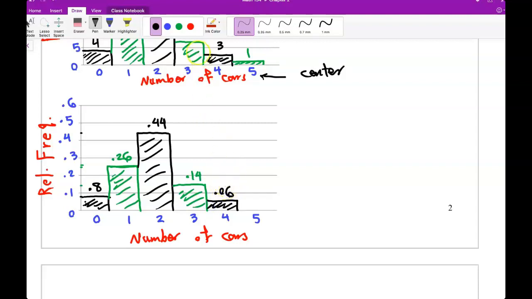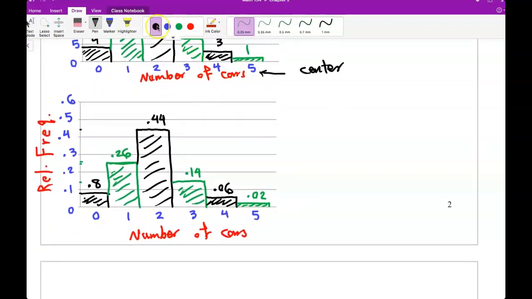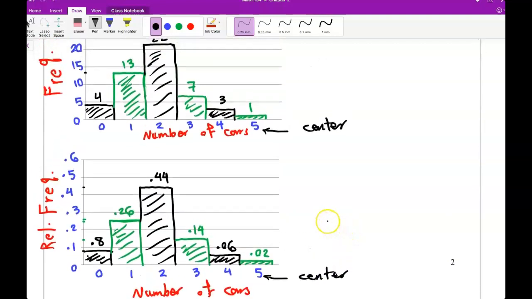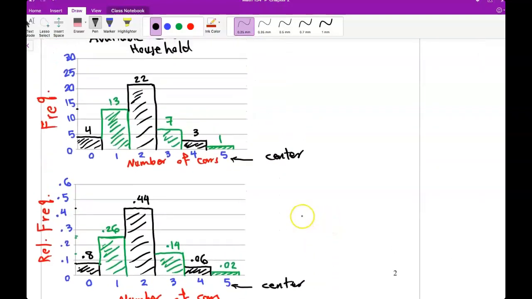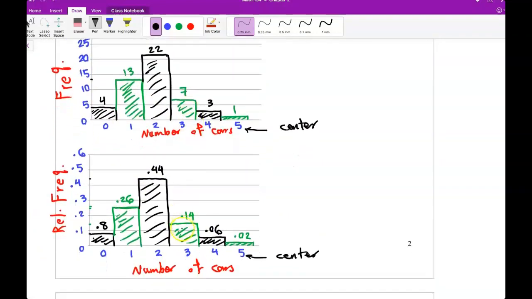And five cars is 2%. Again, I'm keeping these numbers 0, 1, 2, 3, 4, 5 in the center of each rectangle. As you can see, it doesn't matter which one we use, either frequency or relative frequency, we have exactly same shape.